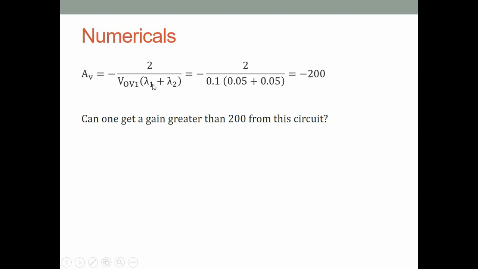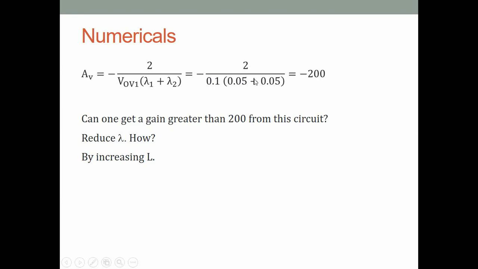We can reduce lambdas. How do we reduce lambdas? We increase the channel length. We saw many lectures ago that the channel length modulation is a function of the length. The larger the length, the smaller is the effect of channel length modulation, and therefore lambda is smaller as the length increases.